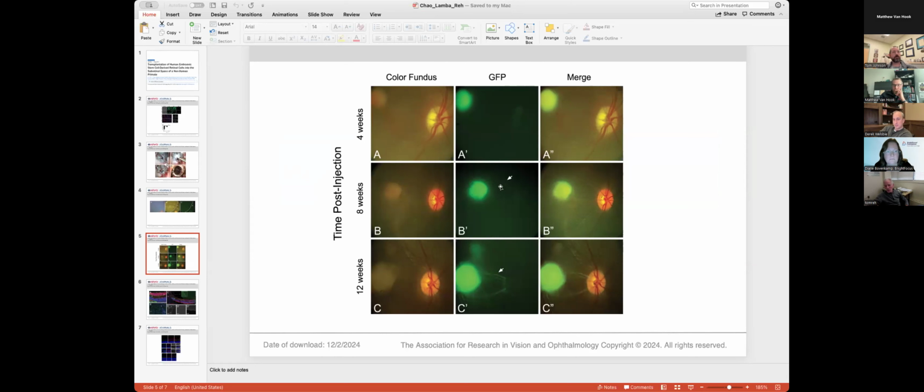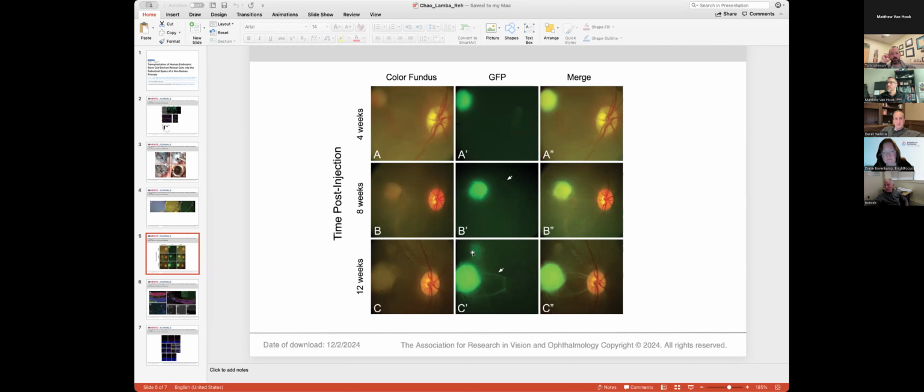Over time, they start making axons, and you can see better here at 12 weeks the axons coming from the transplanted cells and heading towards the optic nerve head. So we thought this was quite remarkable, that they're actually tracking on the existing axons and growing towards the optic nerve head.